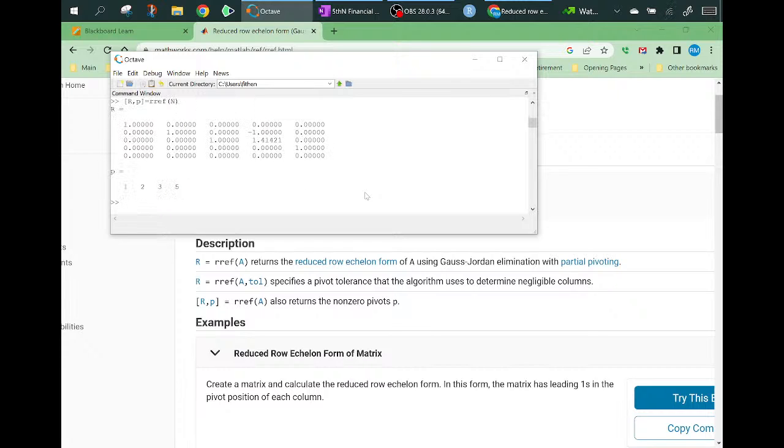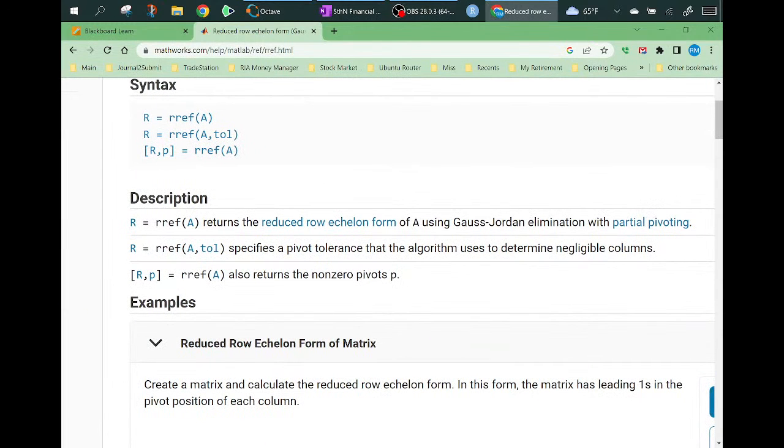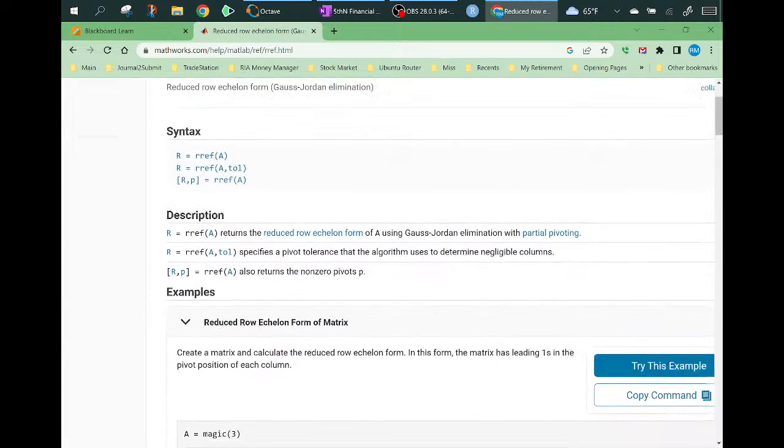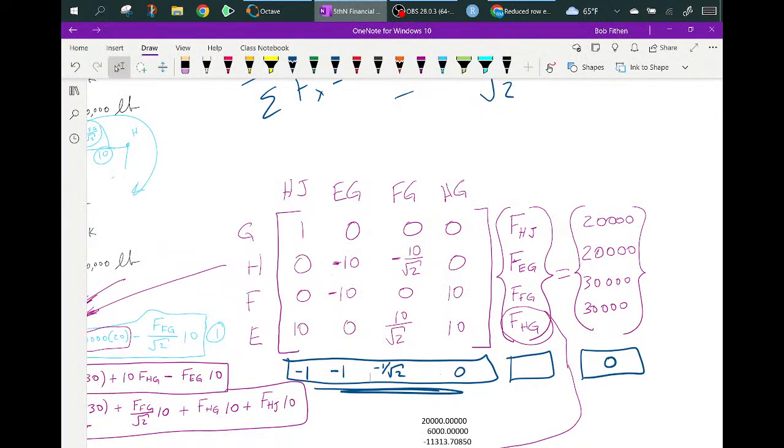Now I think the P is kind of useless to us. It's a way of determining how many equations you actually got. You can list all the equations you want, but there's only so many of them that are going to be useful to you. Let me give you an idea, just to complete this.